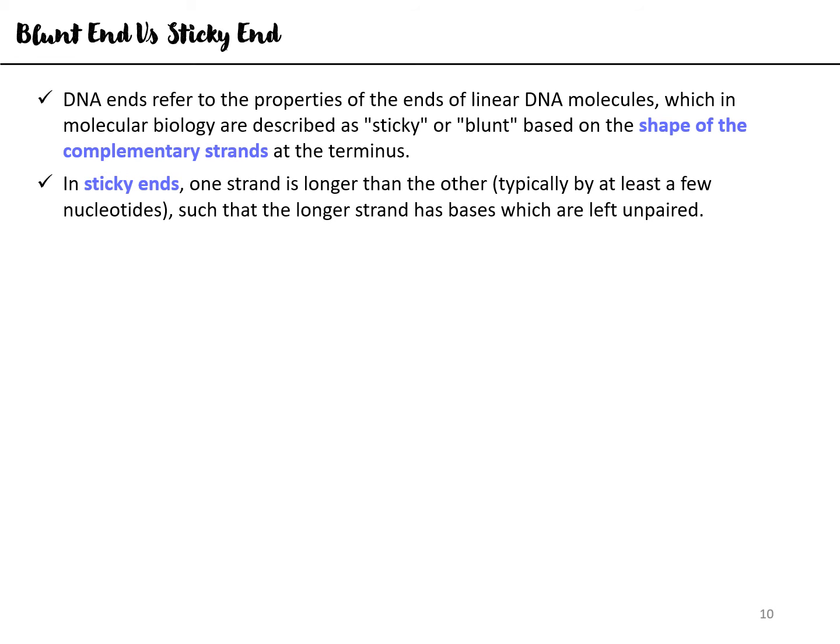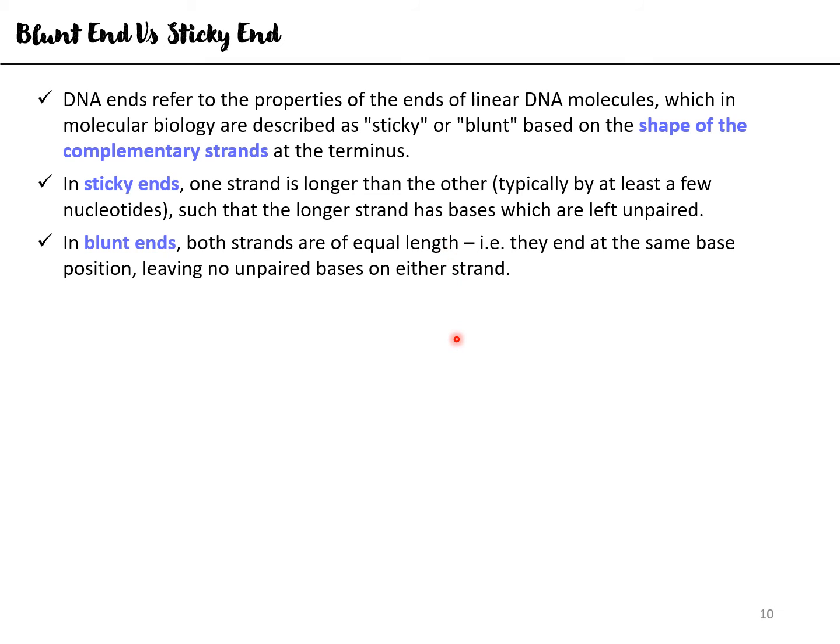In sticky ends, one strand is longer than the other, typically by at least a few nucleotides, such that the longer strand has bases that are left unpaired. And because they're left unpaired, whenever they encounter complementary sequences which are also unpaired, they will tend to anneal to them. And this is what makes them sticky.